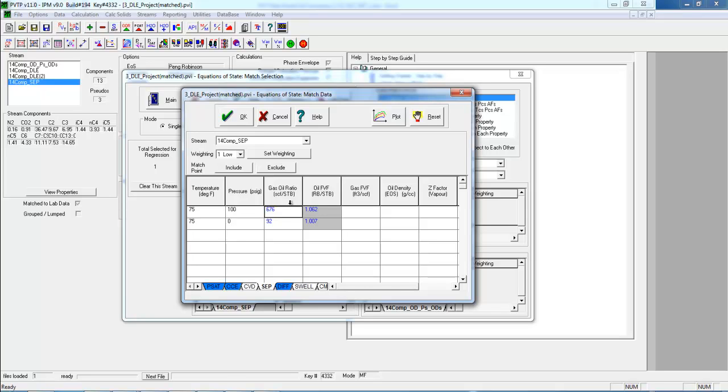We know from volume shift, but which property was used to match this step? Exactly, oil density at saturation pressure. So you know, oil density, it's mass over volume. And for the volume, it's fixed by volume shift. So that's why when we fix this, all of data here is fixed.